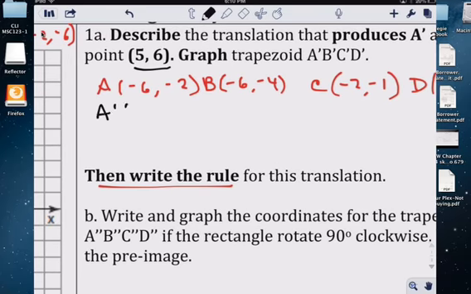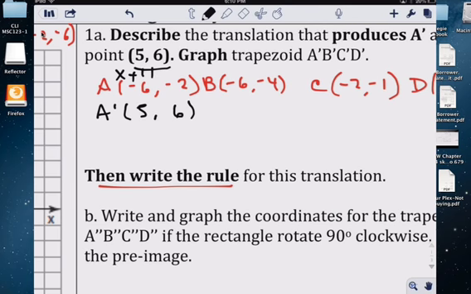is at (5, 6). Well, the only way I can get there from -6 to get to 5 is x plus 11.